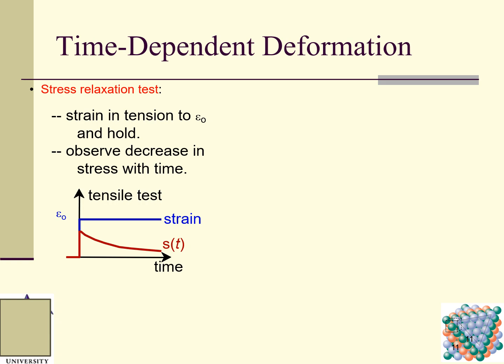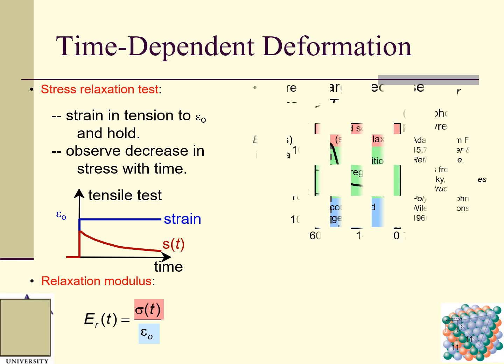The relaxation modulus is calculated using this equation, sigma(t) over epsilon 0, and it is a function of time.